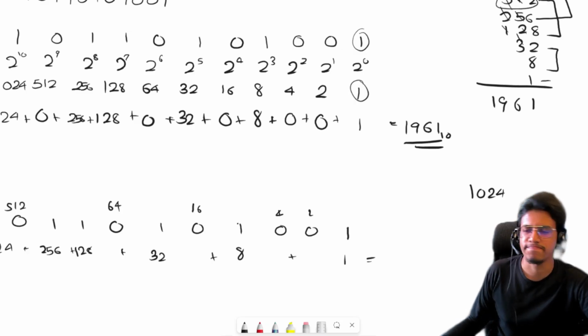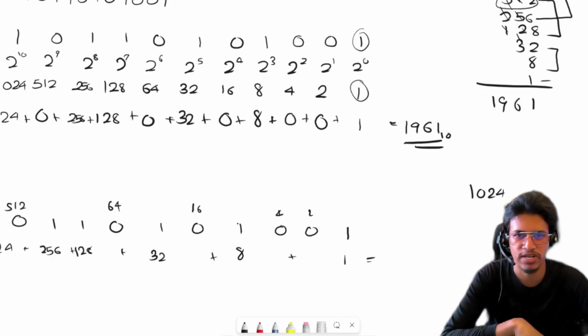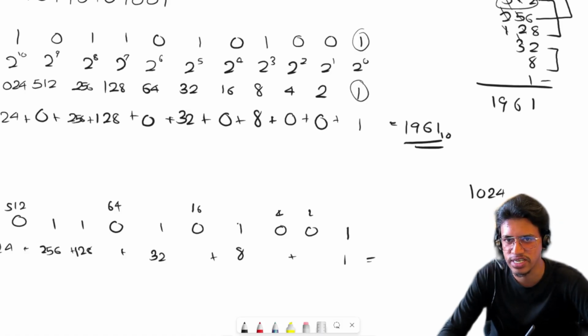Okay, yeah. So in the previous one I made a mistake, so let me correct it. So we won't be having this 512. So let's do the calculation again. 256 plus 128 plus 32 plus 8 plus 1.